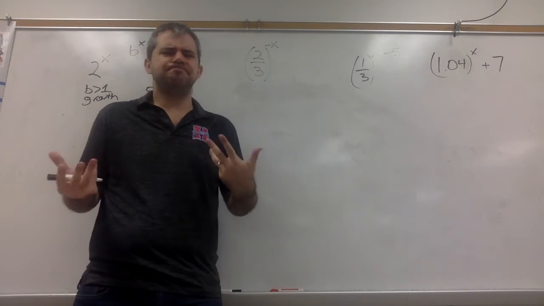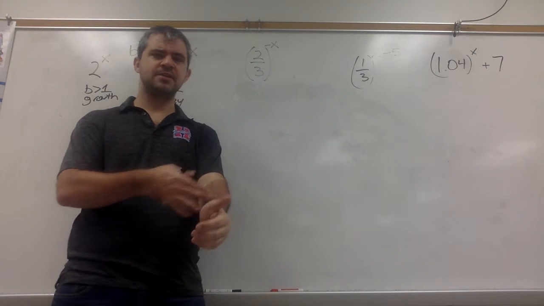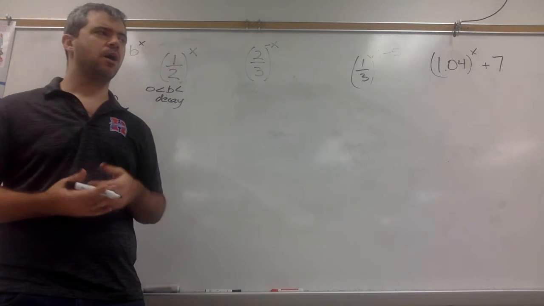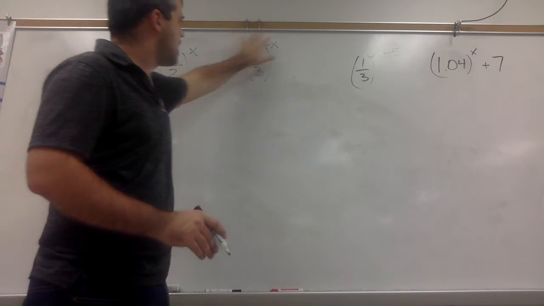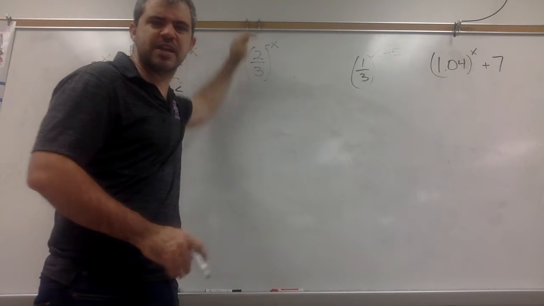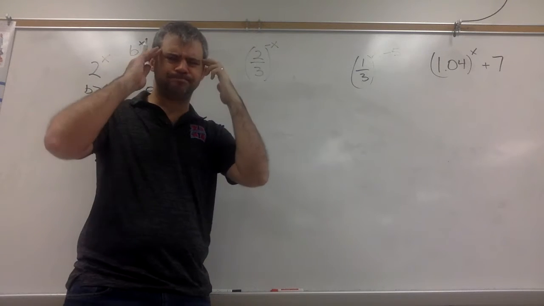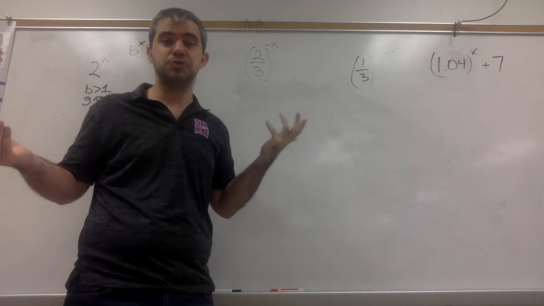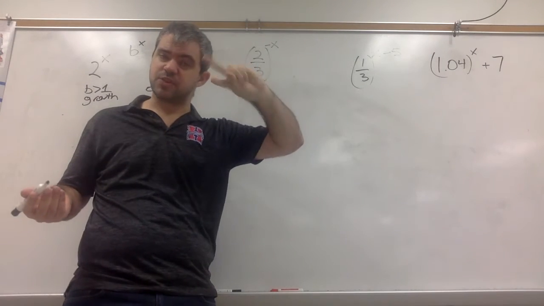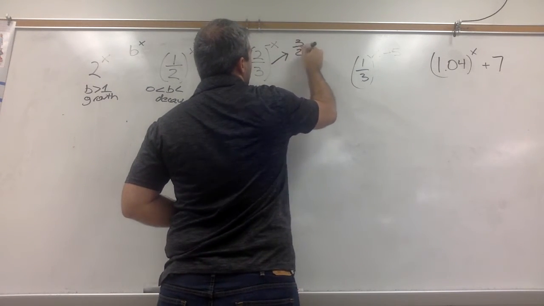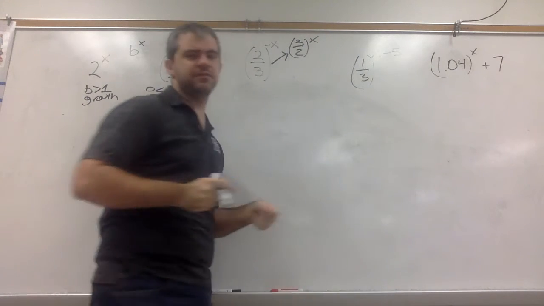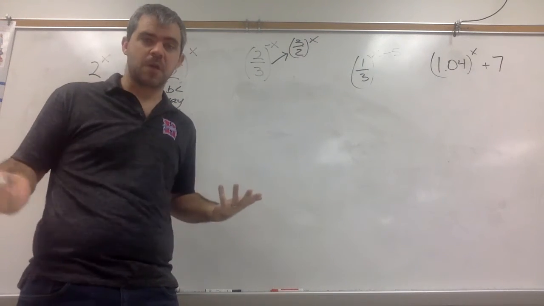Now, there's two ways that you can think of this problem, and each of them are equivalent, okay? So one way that you can think about this problem with this weird negative exponent is you can go, okay, well, what does a negative exponent do? Well, it gives us the reciprocal. So one way of thinking of this is saying, okay, this is 3/2 to the x, okay?